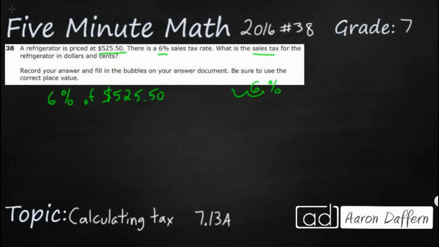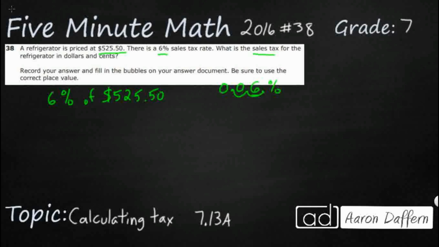Because remember, 100% equals 1. So 6% is a very small amount compared to 100%, right? And so 6/10 would not be correct because that would just move the decimal over once. You've got to move it over twice. You can't just put a decimal on the front of any percent and think it's the correct one. You have to move it over 2 times.